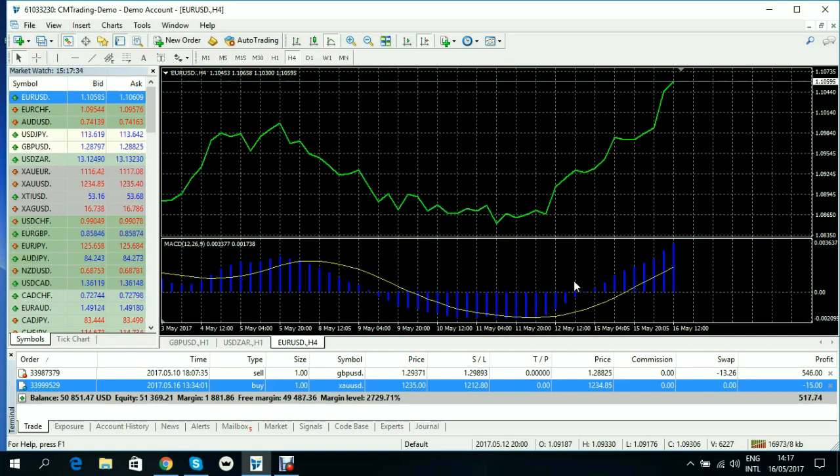Let's try to understand how this indicator is made up and how it works. The MACD is made up of 12, 26, 9 as parameters, which is usually the default settings for most charting packages. The bars of MACD, these blue bars here, you can see them.